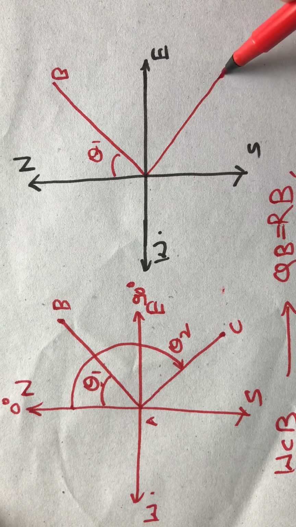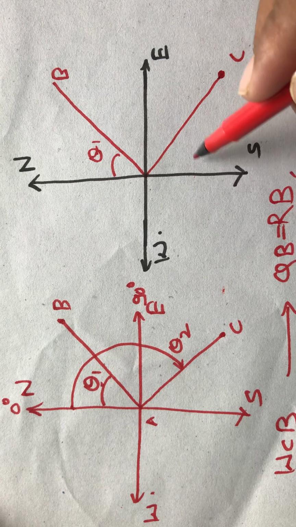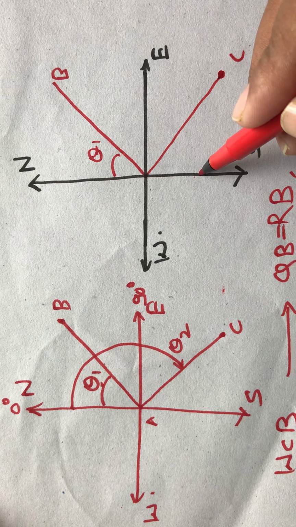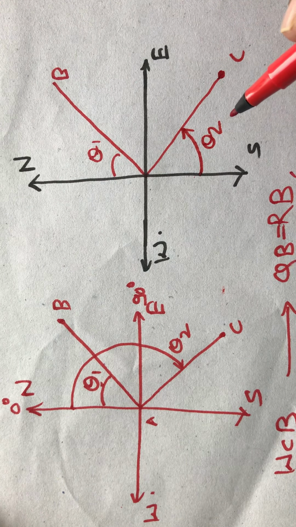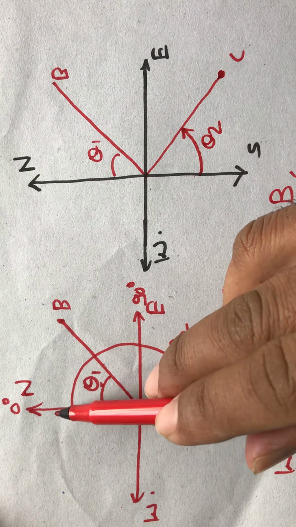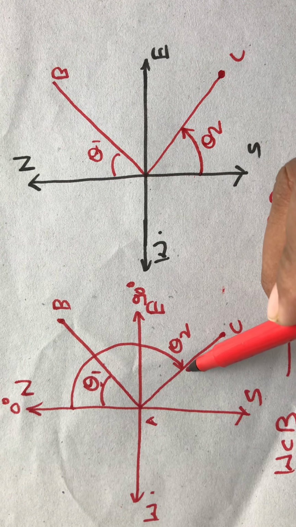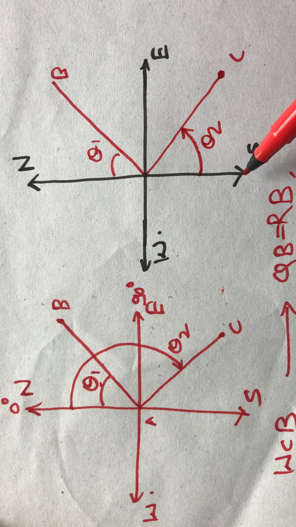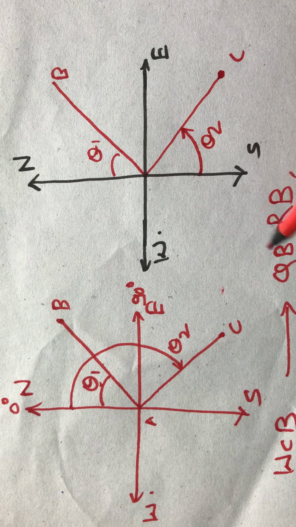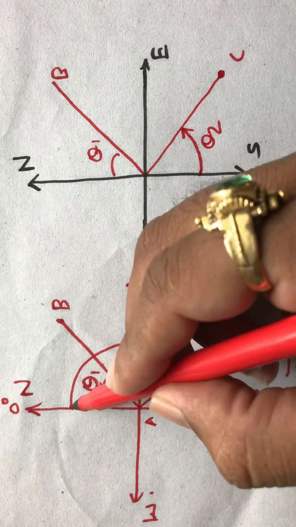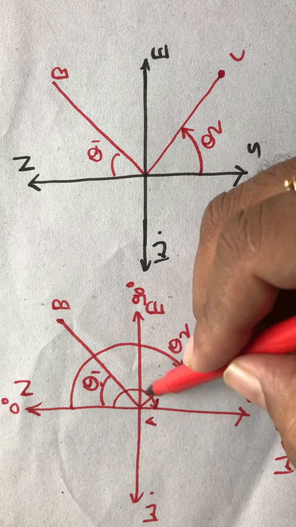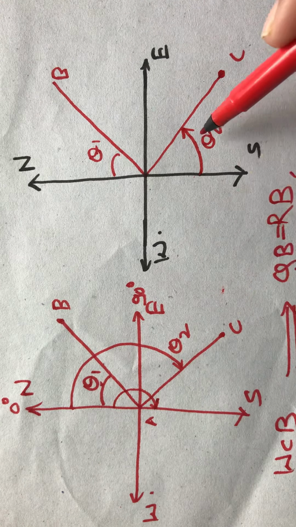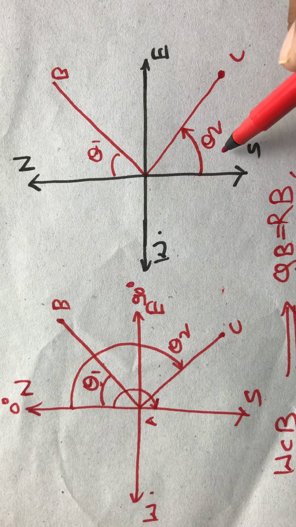So first I will draw a line. Now the nearer angle is from the south, so always we are measuring from the south. So this is theta 2. When we are converting the whole circle bearing theta 2 into the quadrantal bearing, called the reduced bearing, the total angle is 180 degree. 180 degree minus theta 2 will give this angle, correct?